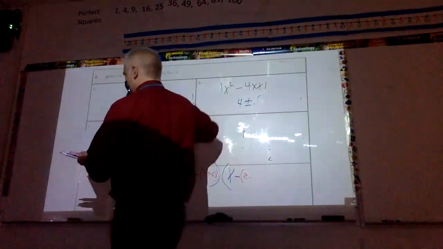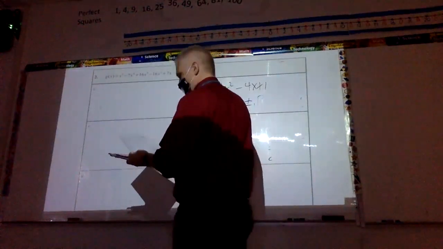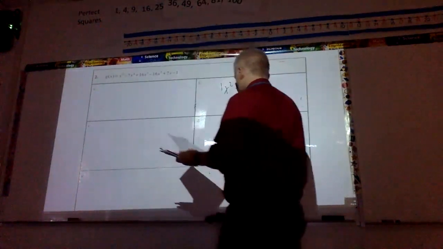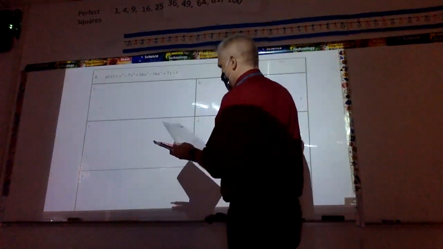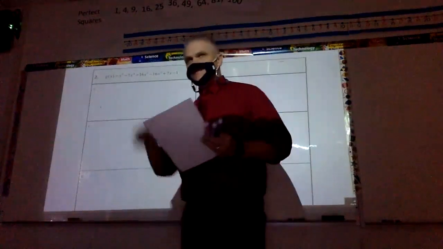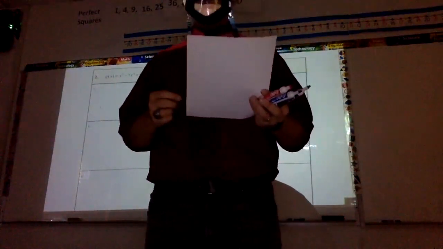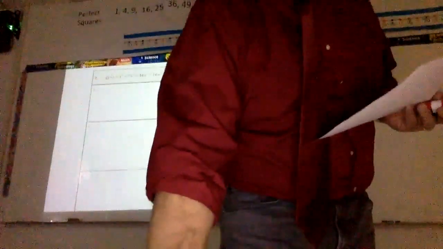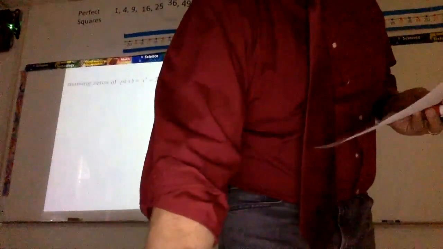Determine all the remaining zeros of p of x, which is a 4th degree polynomial. And they give you one of the zeros. But here's the new curveball. We're going to give you a zero that happens to be irrational. This is the first time we've done that. That's kind of cool.